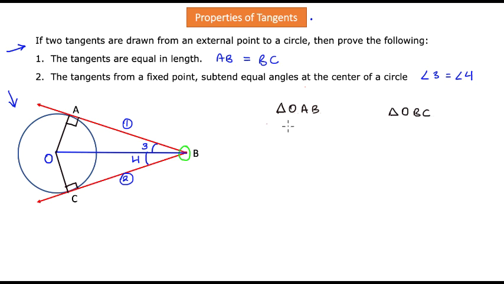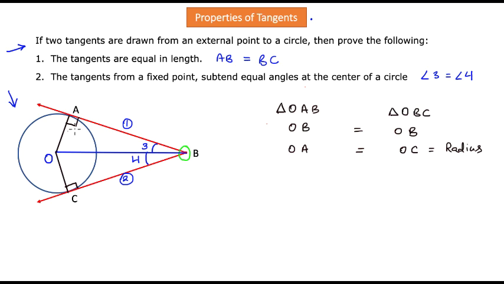We know that the line segment OB is identical in both of these triangles because it's a common arm between these two triangles, right? And then you can also say that the line segment OA should be equal to the line segment OC. Why? Because it is nothing but a radius of the circle, right? So what else do you have?